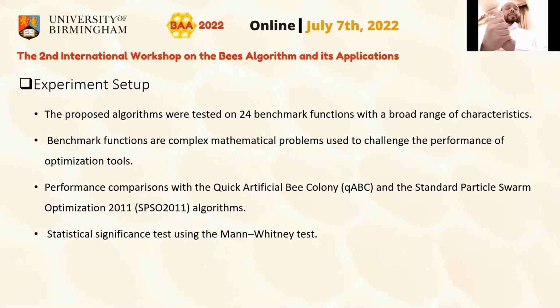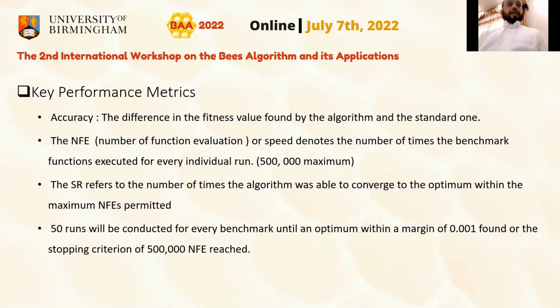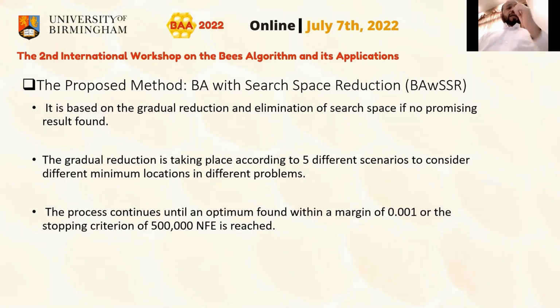Now the experiment setup. Let me first try to explain the proposed method. It's actually based on the gradual reduction and elimination of search space as long as no promising result is found, until a good result is found.